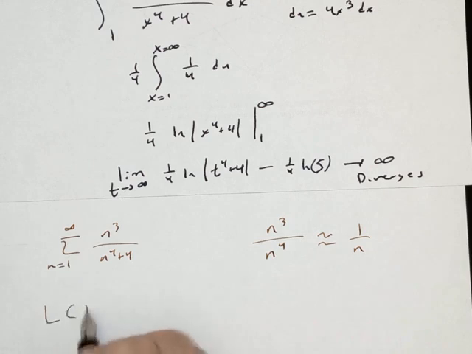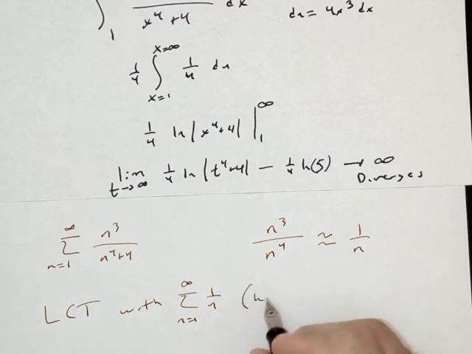So if I do the limit comparison test and I get a number that's not 0 and not infinity, then those two things behave the same. And what do we know about the sum 1 over n? That's my harmonic series. It diverges.